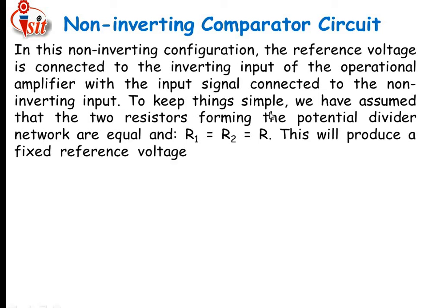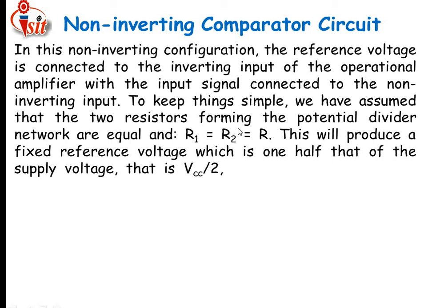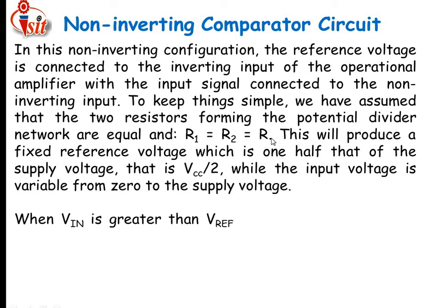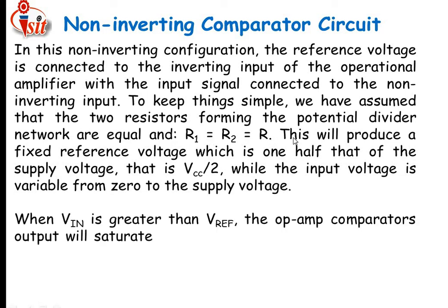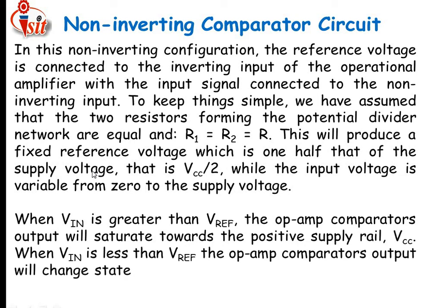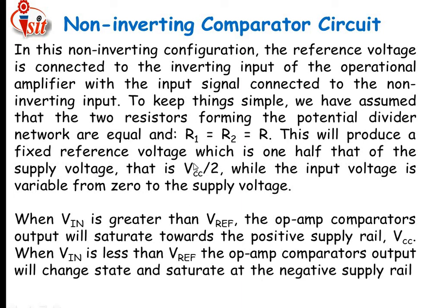To keep things simple, we have assumed that the two resistors forming the potential divider network are equal, R1 equal to R2 equal to R. This will produce a fixed reference voltage which is 1/2 of the supply voltage, that is VCC divided by 2, while the input voltage is variable from 0 to the supply voltage.